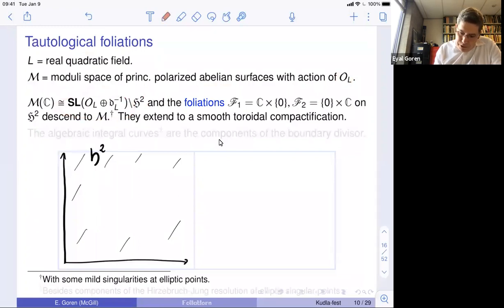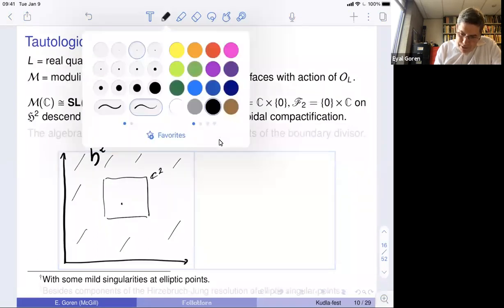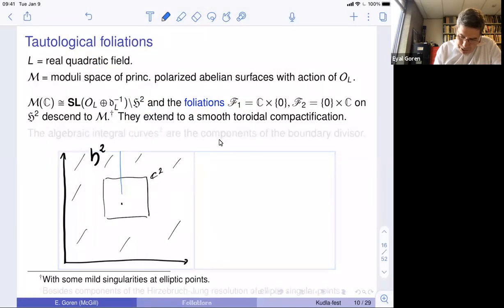At every point, the tangent space is in a natural way just C^2. And we have two natural directions to go, if you will, this way or this way. This defines two foliations on the upper half plane.